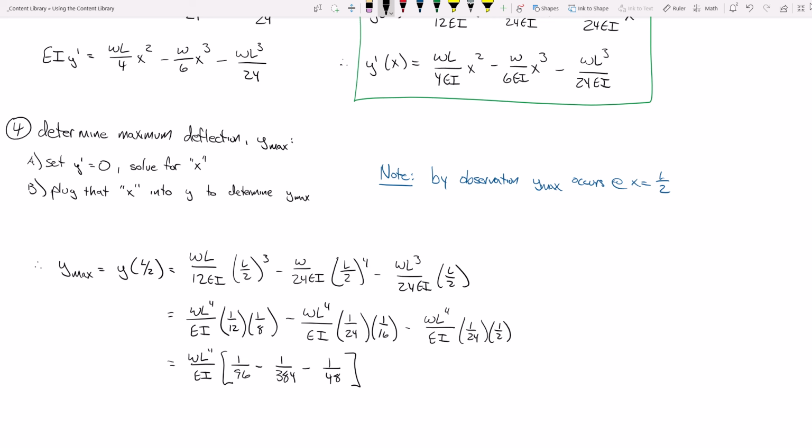Casio FX 115ES Plus, anybody got an answer? Negative 5 over 384. So negative 5 WL to the 4th over 384 EI. Is that right? Well, let's see.